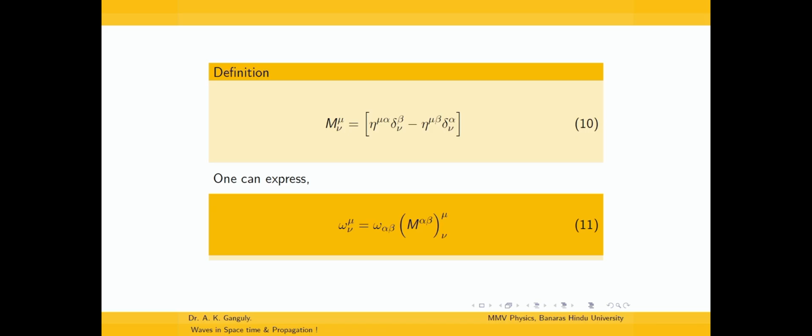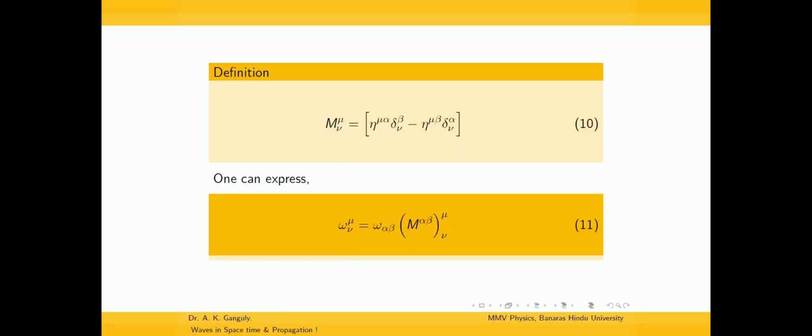So, at the end, this infinitesimal Lorentz transformation parameter epsilon can be written as a product of two quantities. One of them is the covariant infinitesimal Lorentz transformation parameter omega of mu nu multiplied by what we have defined as capital M of alpha beta with the indices capital mu and capital nu.